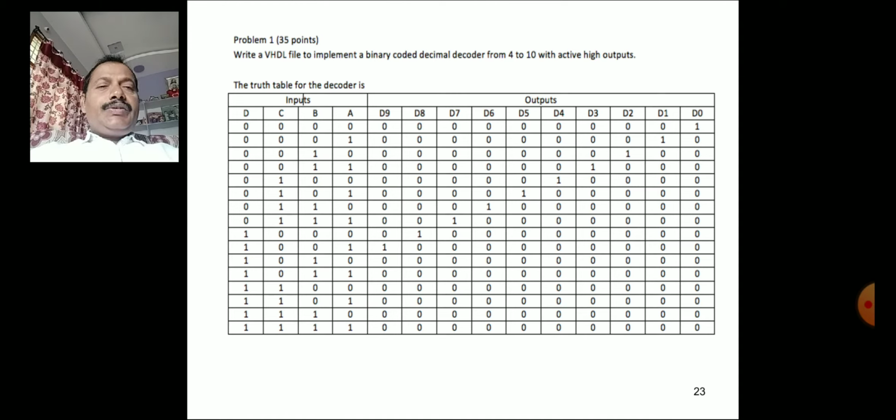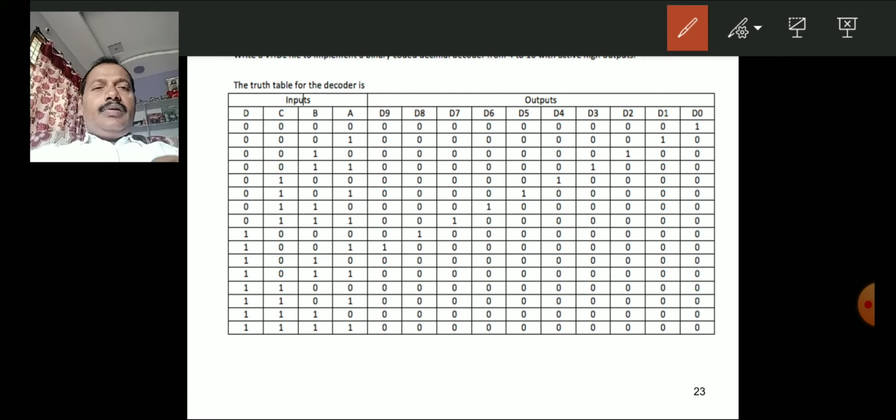The truth table is very simple. Here, instead of S3, S2, S1, S0, we have taken DCBA. That's all. You write the combinations from 0, 0, 0, 0, then 0, 0, 0, 1, 0, 0, 1, 0, 0, 0, 1, 1, 0, 1, 0, 0, and so on, up to 1, 1, 1, 1.